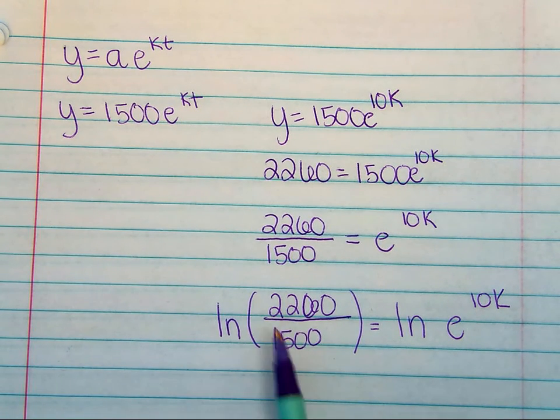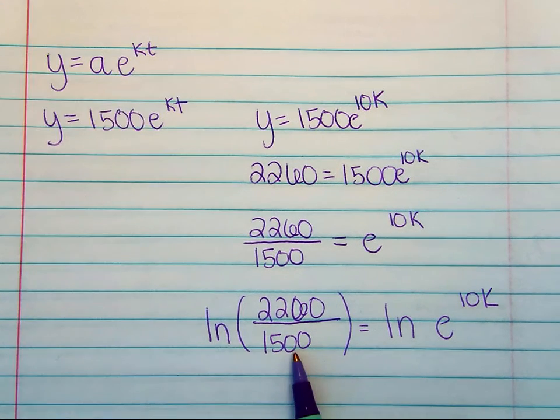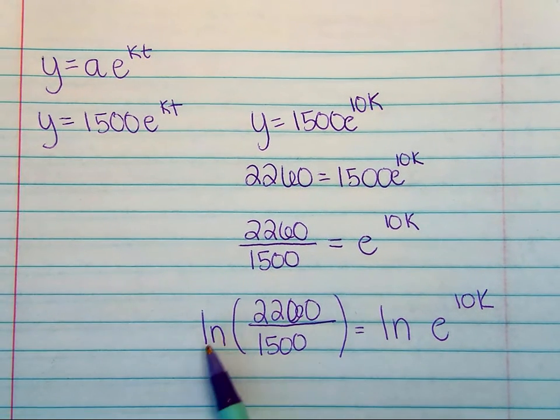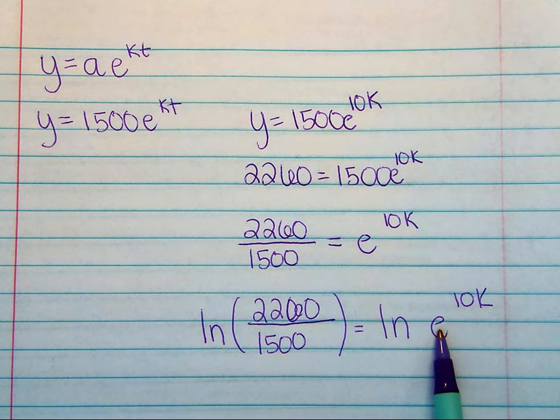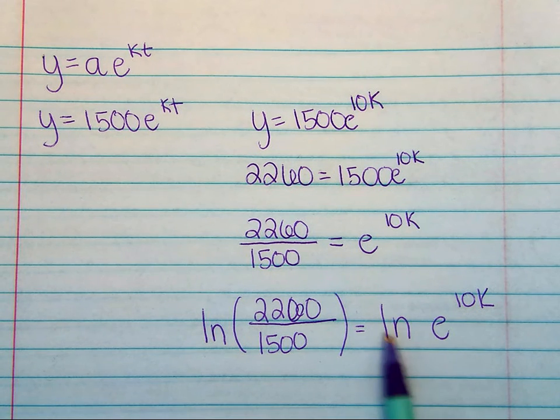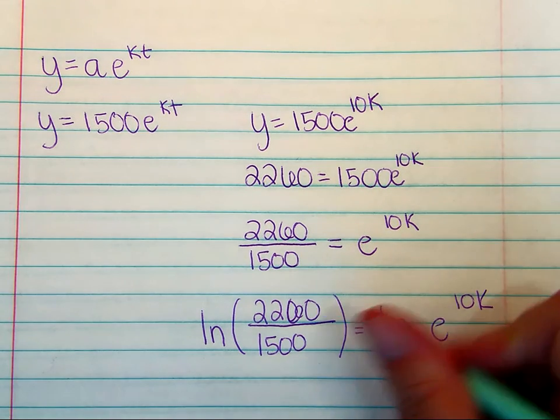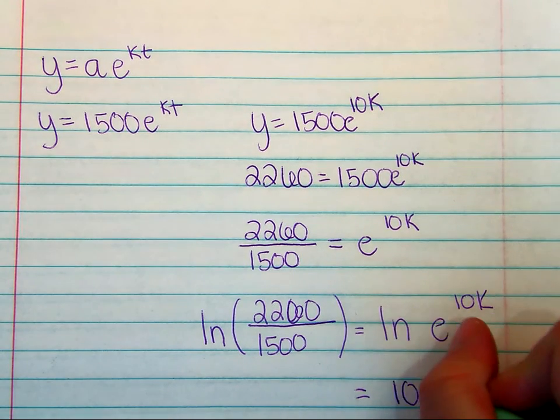I know that 2,260 divided by 1,500, I'm going to take the natural log of that, and that's going to be a number I'm going to use my calculator for. The natural log of e, those are going to undo each other, so I'm just going to be left with 10k on that side.